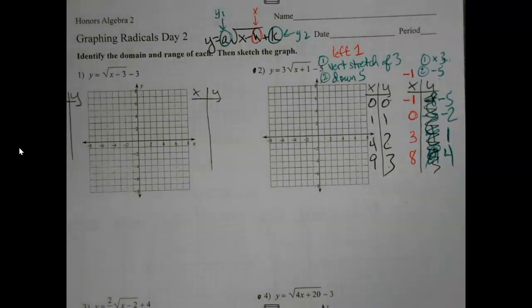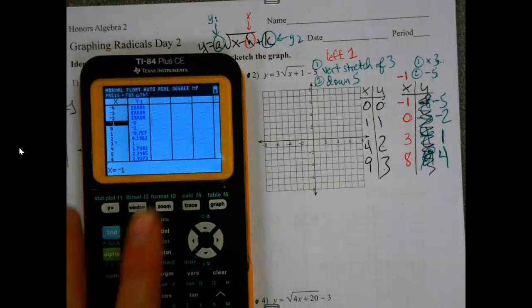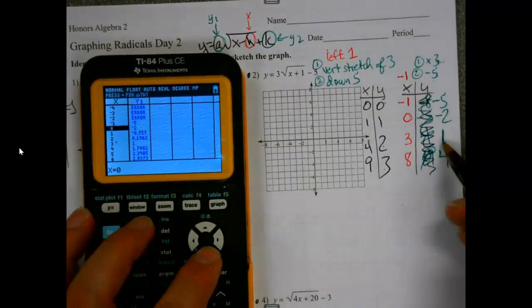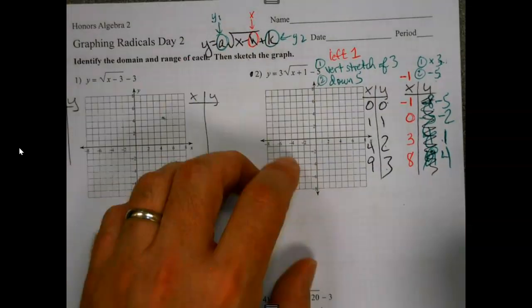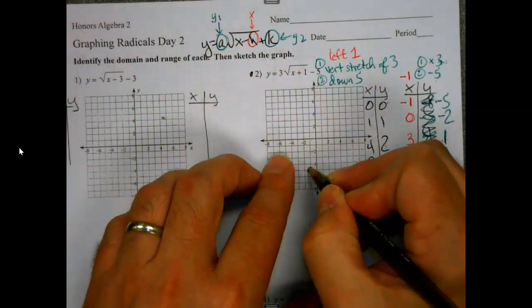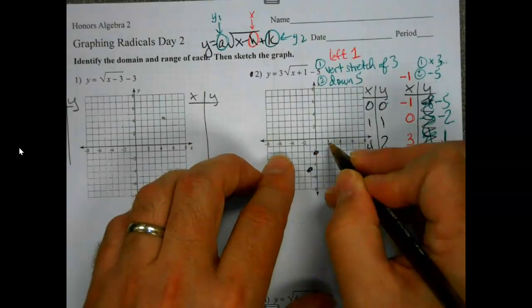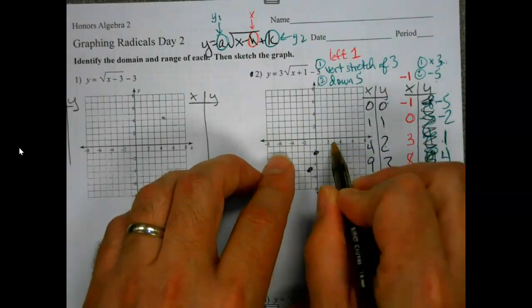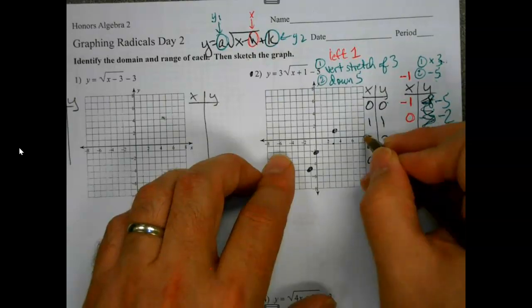All right, so now that I have legitimate numbers and I can see that, sometimes checking on the calculator, not a terrible idea. Okay, I got all my numbers right now. -1, -5, 0, -2, 3, -3, +1, 8, 4.